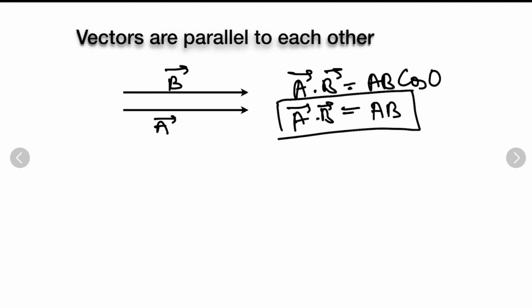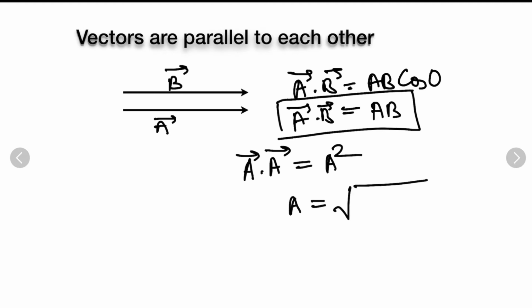Now assume both the vectors are the same. For example, if I do a dot product of vector A with another vector A, it will give me the magnitude squared. So the magnitude of any vector can also be found by the square root of this vector's dot product with itself.